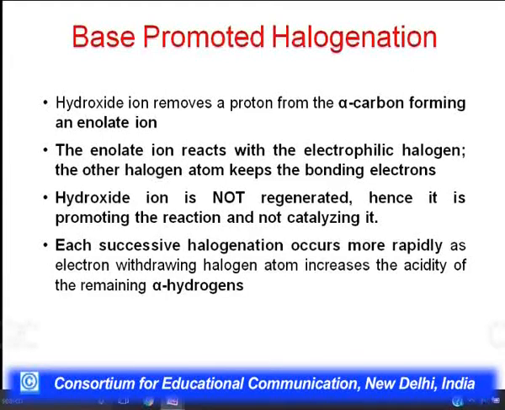Please remember, we have not written here base catalyzed halogenation, whereas we are saying it is base promoted halogenation. What I mean by this is that during the course of the reaction, OH will not be regenerated, it will be used up in the reaction.